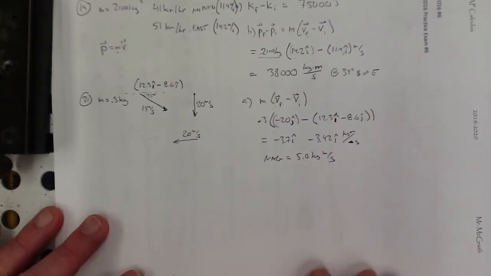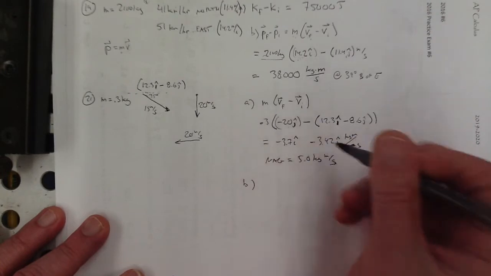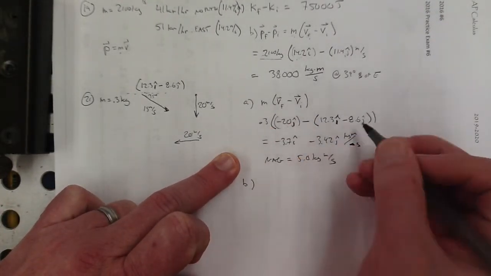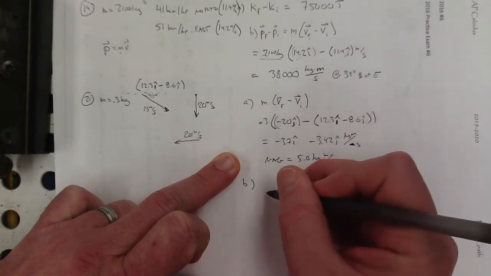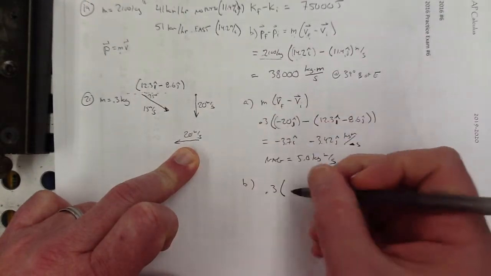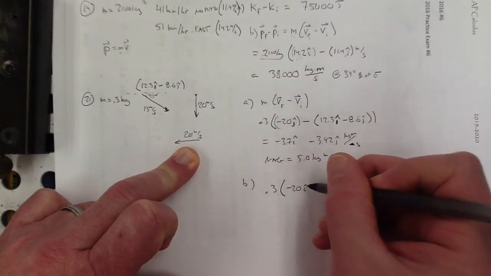Okay, and then for part B, you're going to do the exact same thing. The initial is the same, but this time the final velocity is minus 20i.